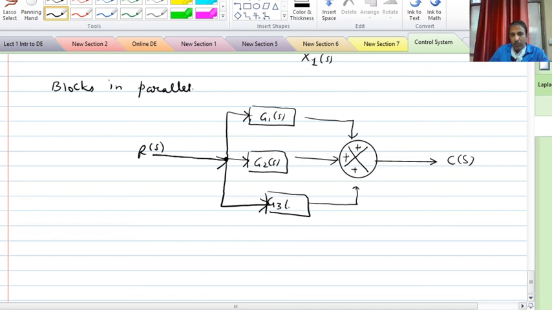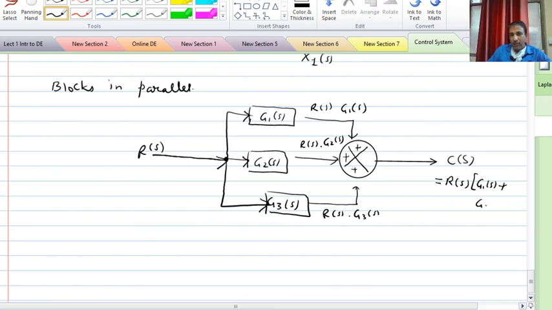So these three blocks are actually in parallel. In this case, the output is RS multiplied by G1S, here RS multiplied by G2S, here RS multiplied by G3S. So you can write it like this, that is G1S plus G2S plus G3S.